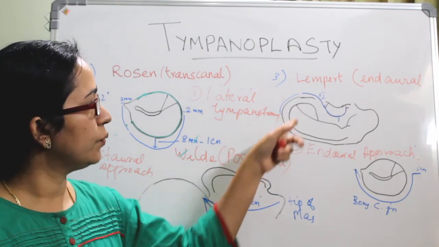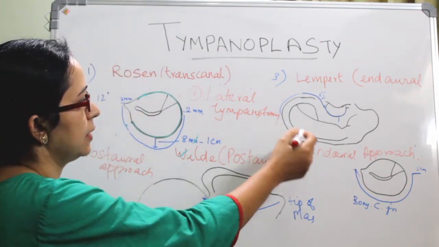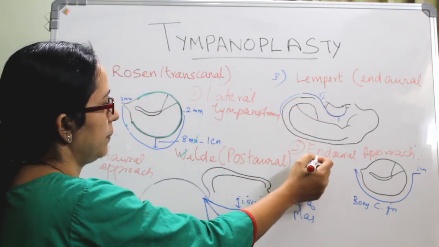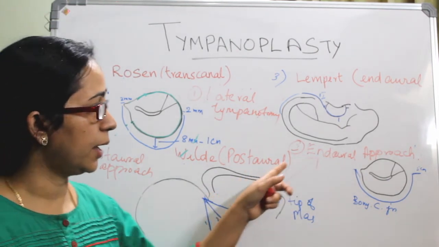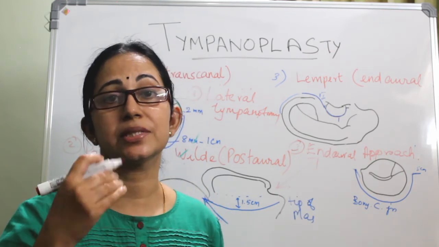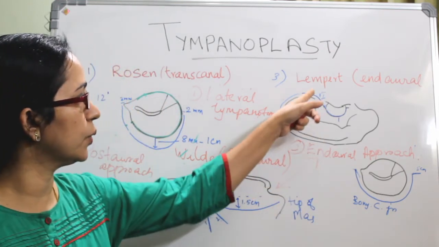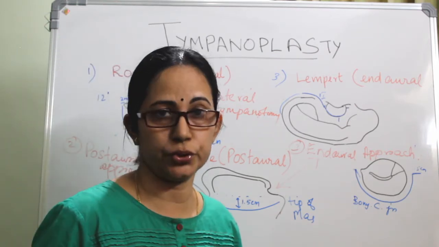And if you want to reach the mastoid tip cells, this endaural approach can be combined with a post-aural approach. And also for hypotympanotomy, for reaching the hypotympanum, this endaural along with the post-aural is an excellent approach.